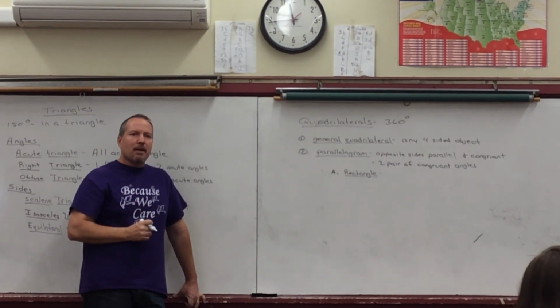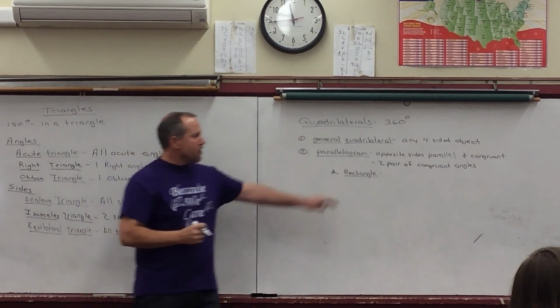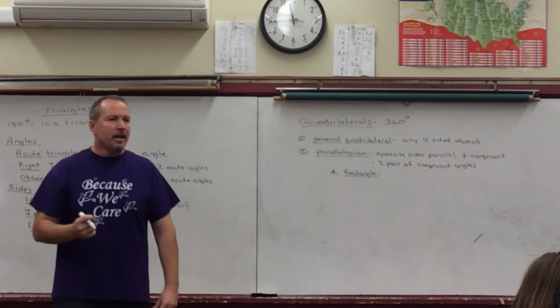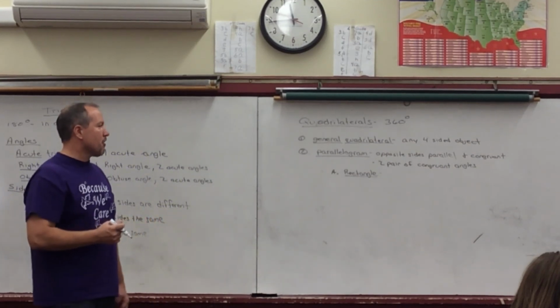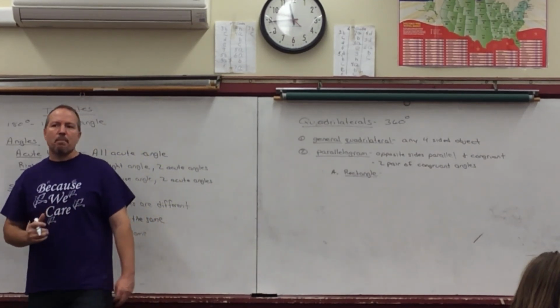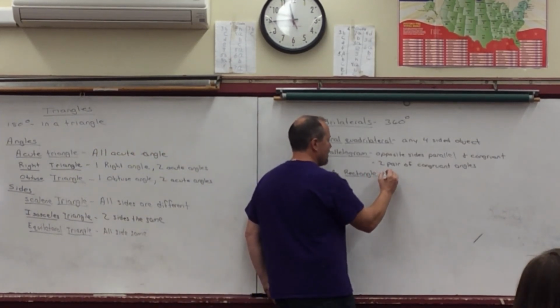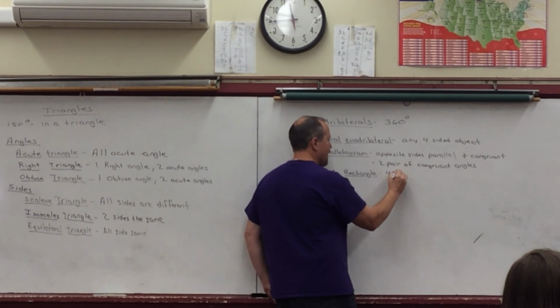Why is a rectangle a parallelogram? Wyatt? It has two sets of parallel sides. Opposite sides are parallel, and since opposite sides are parallel, a rectangle is a parallelogram. But it's a special kind of parallelogram. What makes it special is that it has 4 right angles.